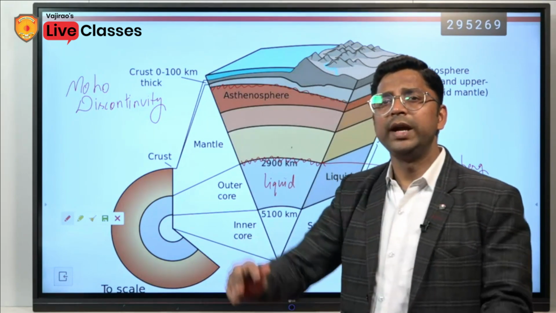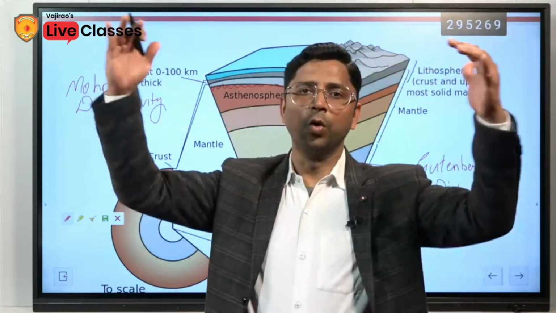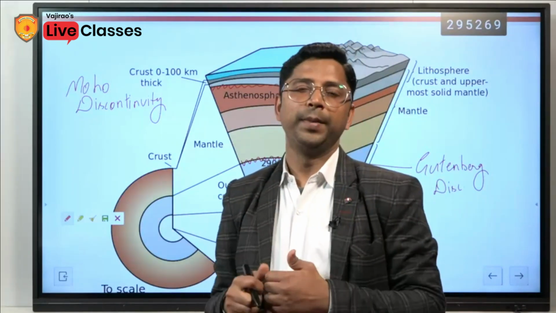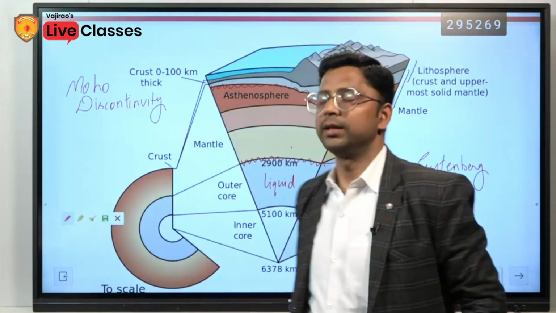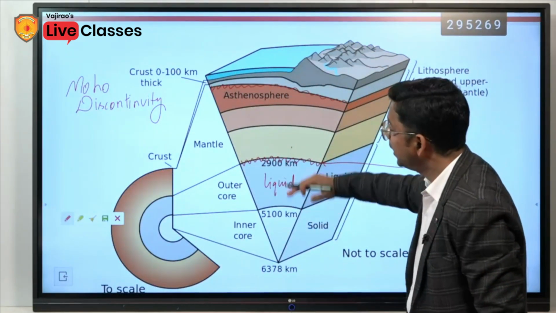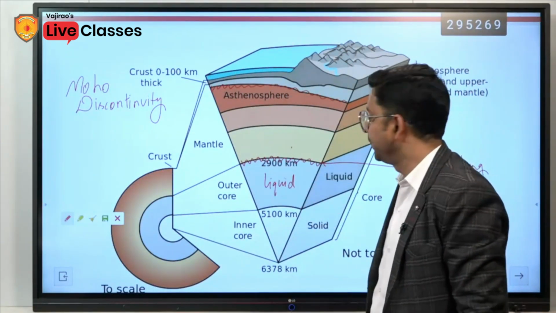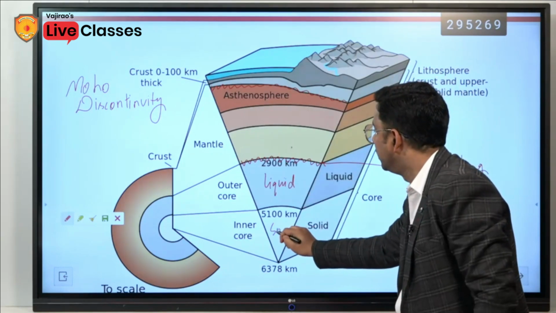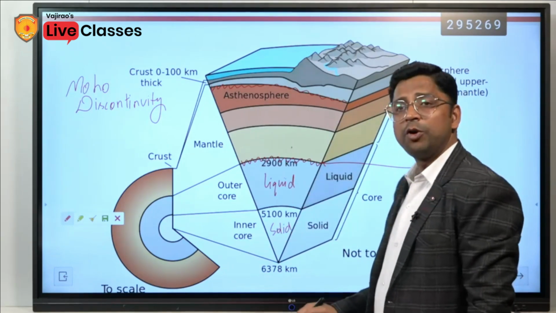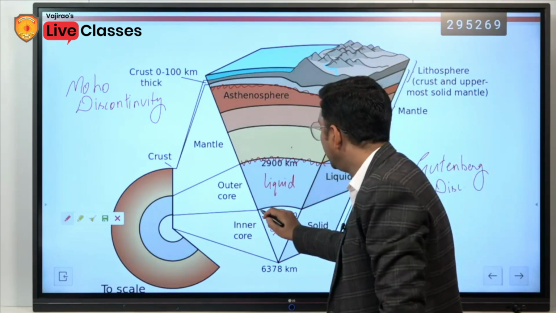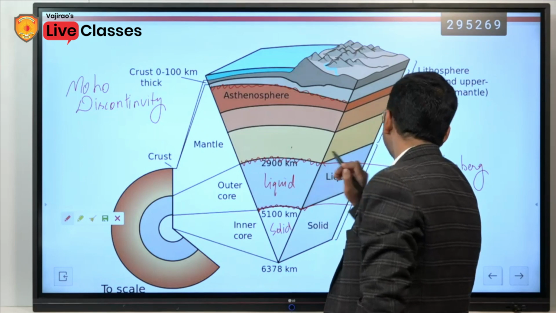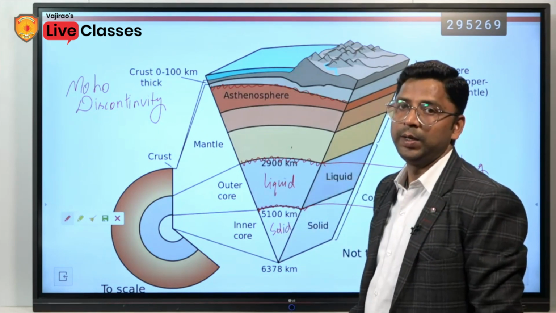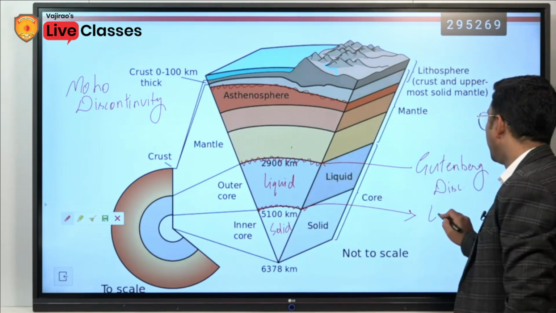It is solid because of the intense superincumbent load, the pressure, the weight of the material overlying the core, mantle, crust, everything. So scholars opined that there is again a discontinuity between outer core and inner core, that is called Lehman discontinuity.